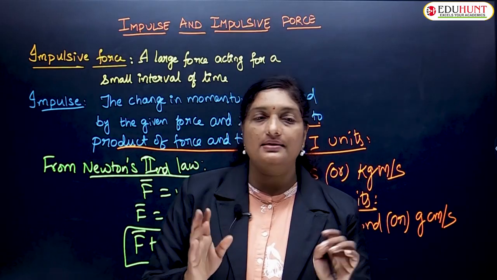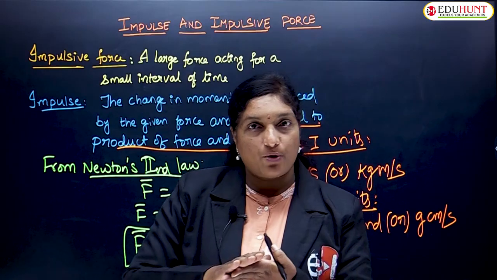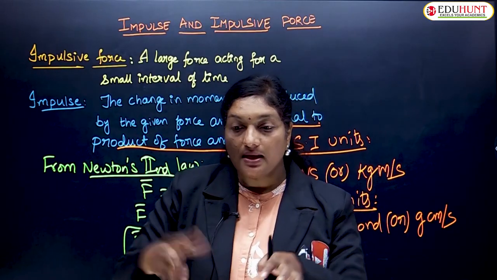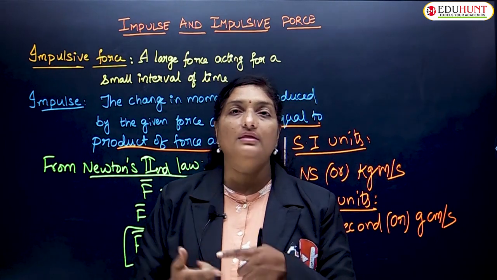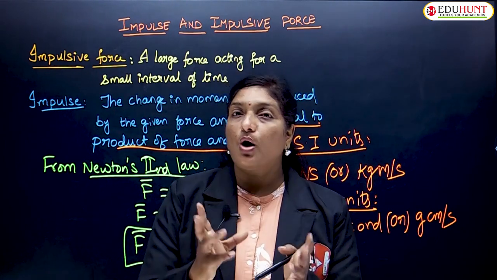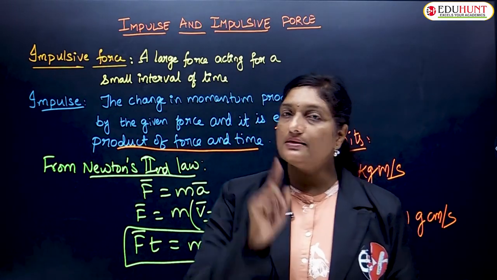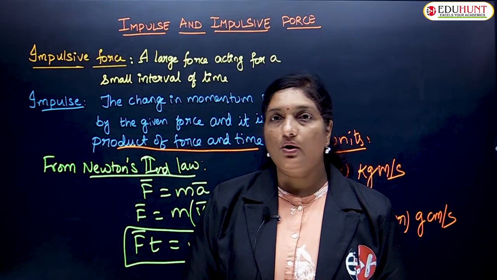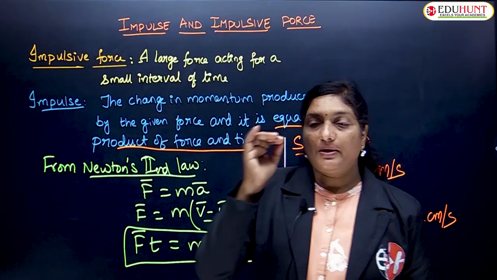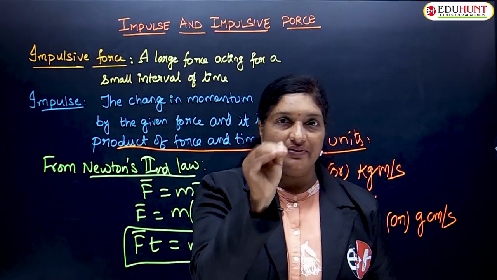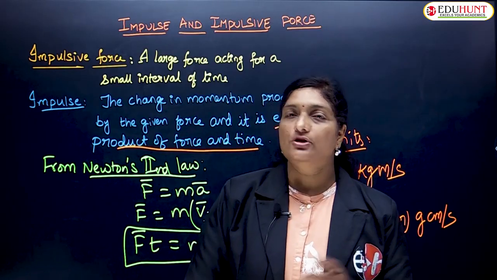Meaning of yielding is nothing but the cemented floor does not get compressed properly. So because of this, a large amount of force is applied by the cemented floor on the person for a small interval of time. Immediately the person will get hurt. Hence he gets injured. Here the impulsive force is large because it is acting for a small amount of time, the force applied on him is larger and hence he gets injured.